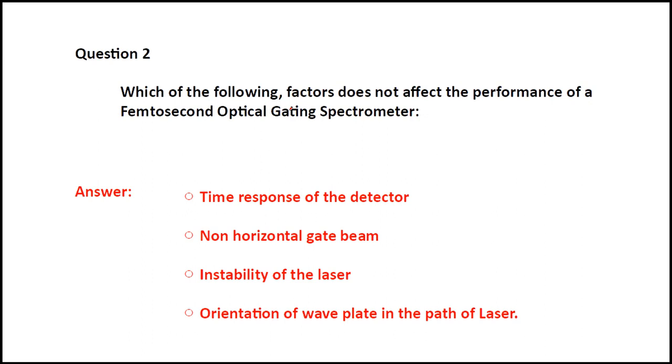First of all, I'll give you a brief description of what was discussed about the femtosecond optical gating spectrometer, so that we get a quick revision of what was taught in the lectures, and therefore you can easily solve each of these questions.